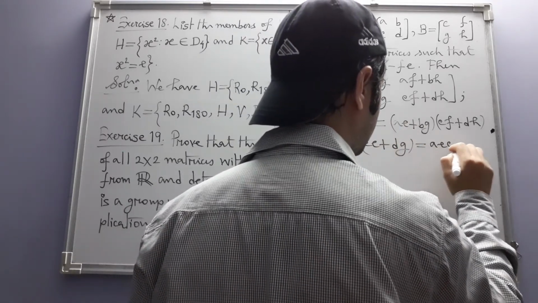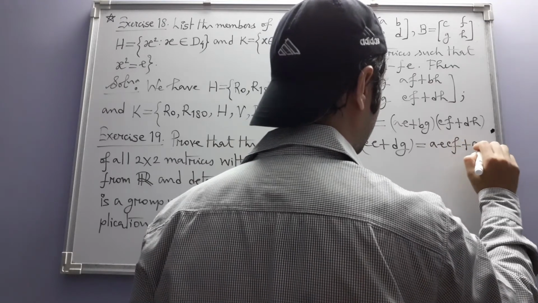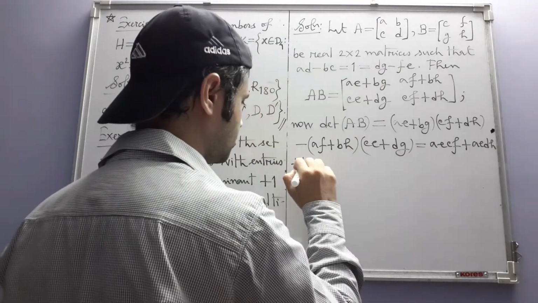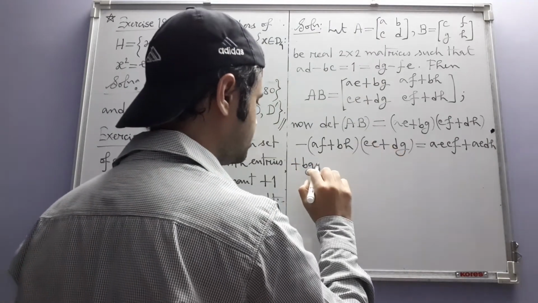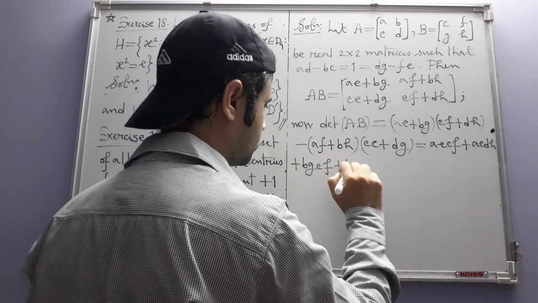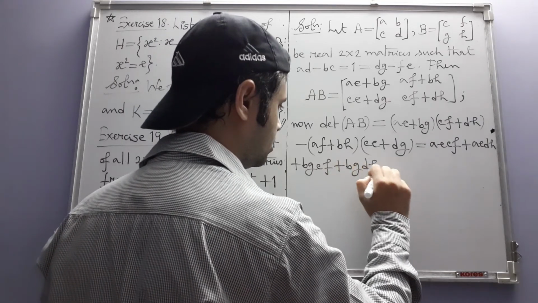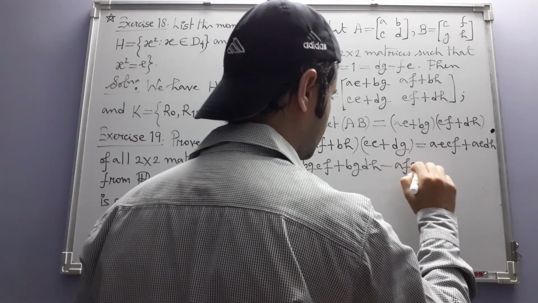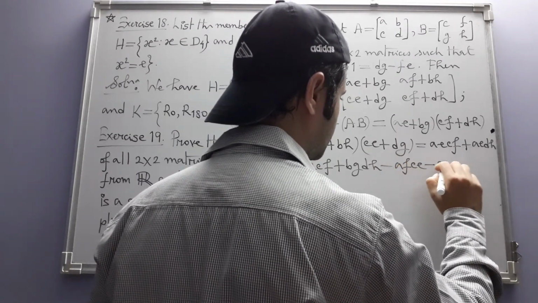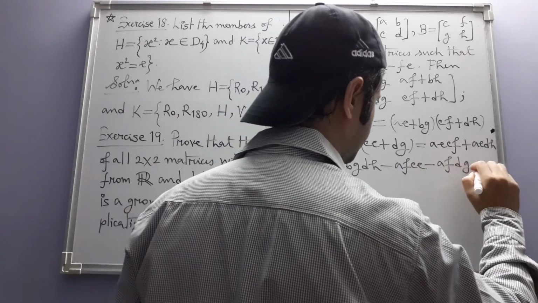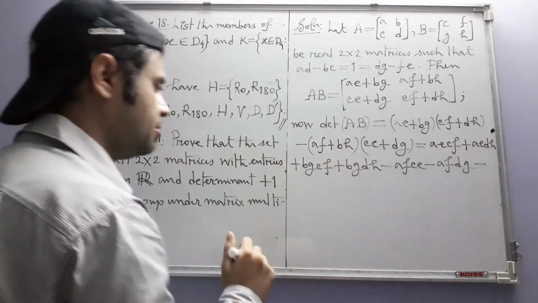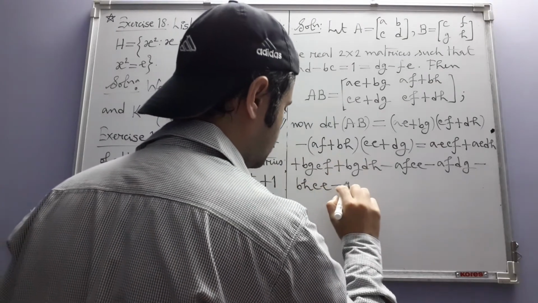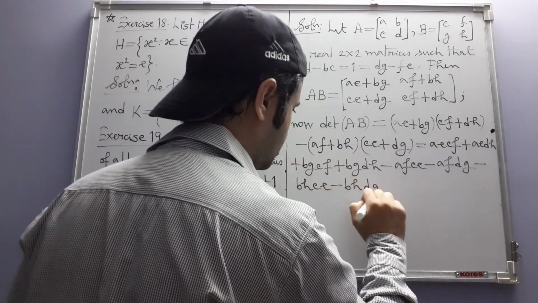AECF plus AEDH plus BGCF plus BGDH minus AFCE minus AFDH minus BGCE minus BHDG.